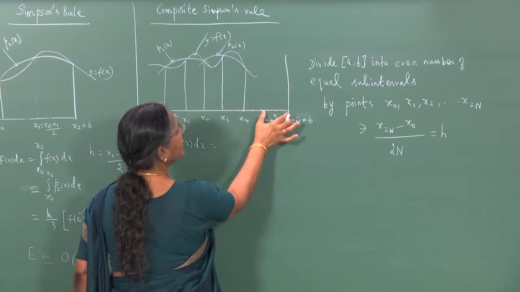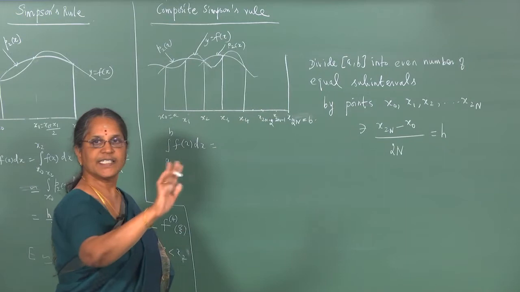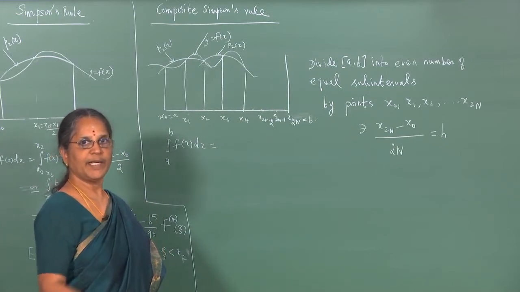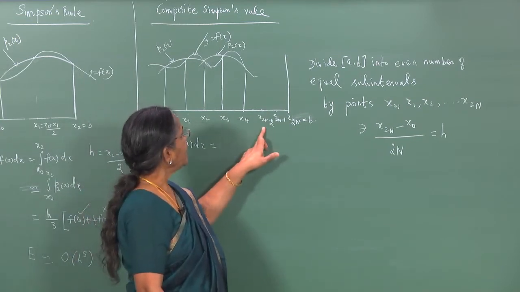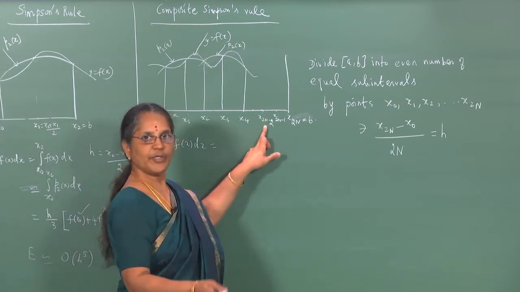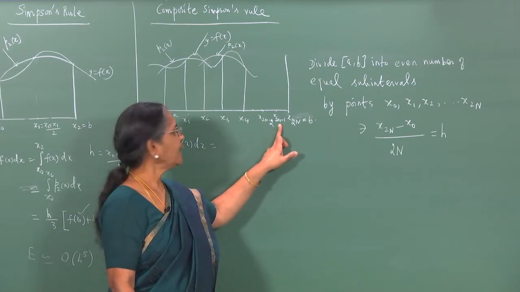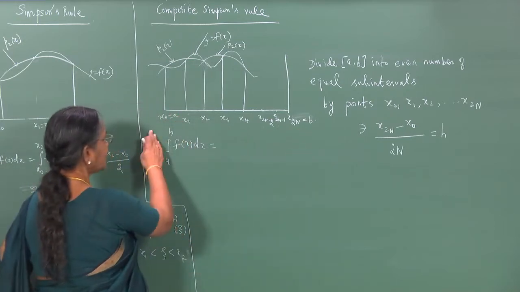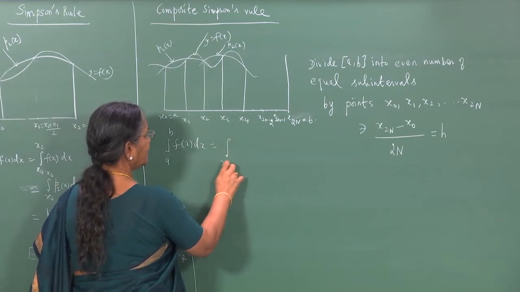So that in this interval x2n minus 2 to x2n, the function is again approximated by a quadratic interpolating polynomial that interpolates this function at the points x2n minus 2 f2n minus 2, x2n minus 1 f2n minus 1 and x2n comma f2n.